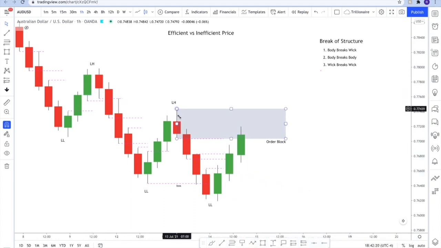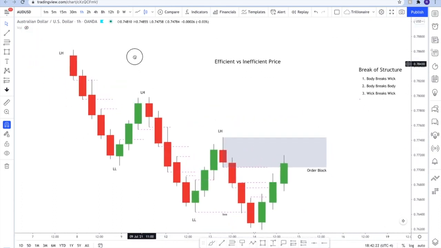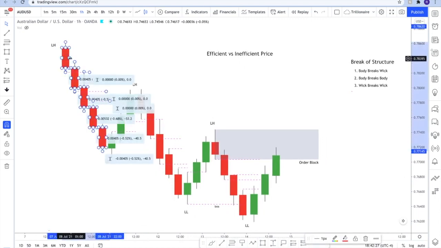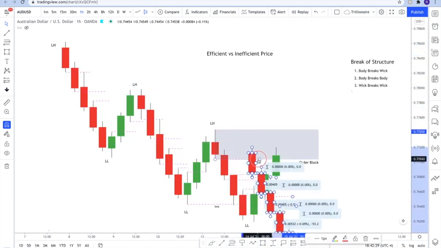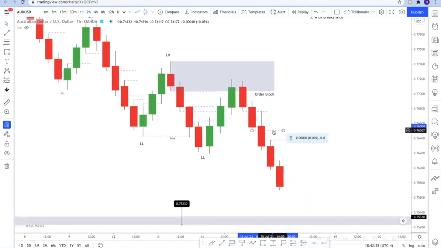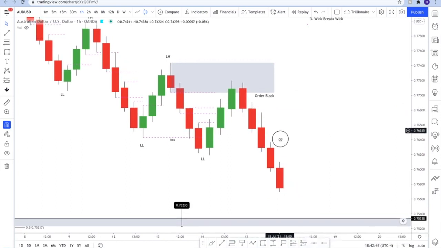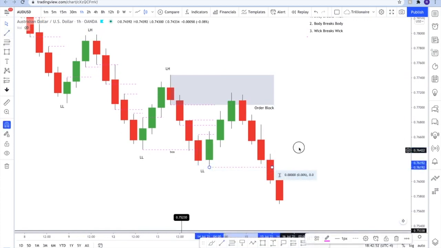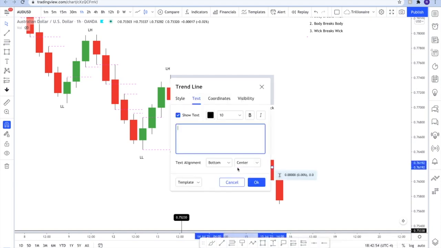Okay, and then after that, we'd be looking for price to reject the order block, like so, push to the downside, and then give us another break of structure.